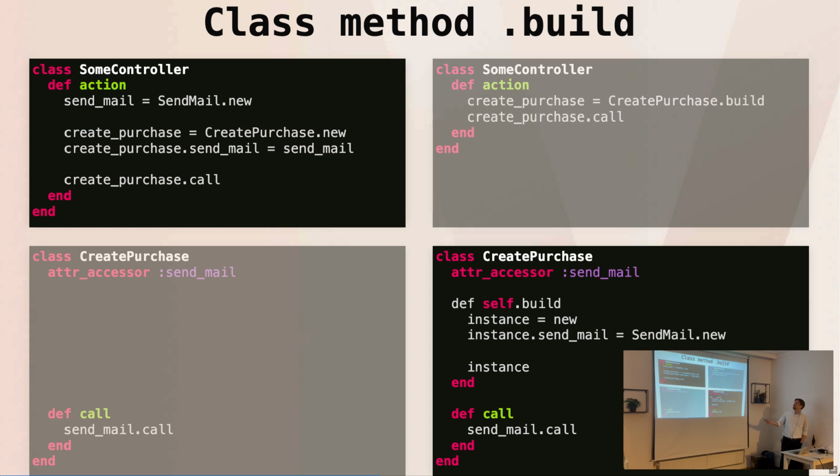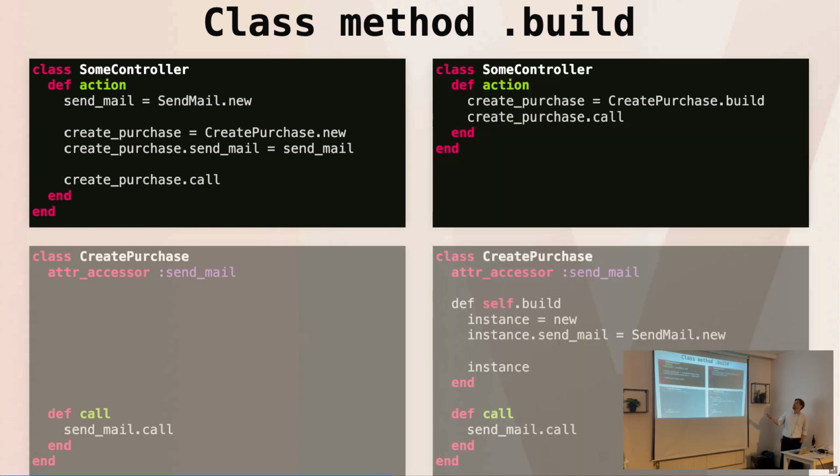So in our new solution, we have our controller, our caller, the actor who plays the role of caller. It can just create a purchase with our build method and call it without any additional setup.